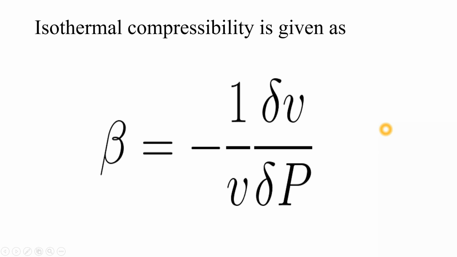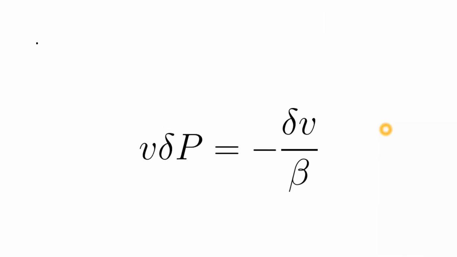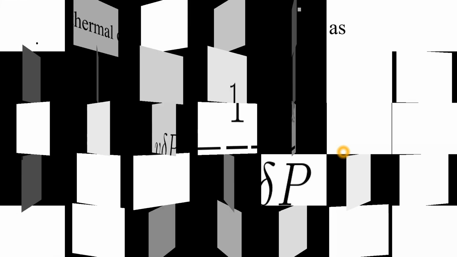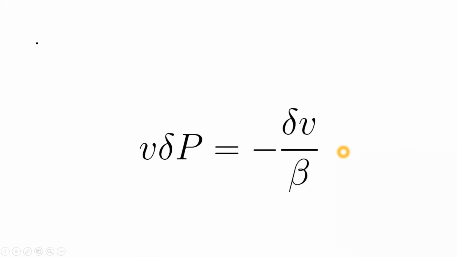Next, we can rearrange that equation: VdP = -∂V/β. We multiply by V dP and divide by beta, and then we get VdP = -ΔV/β.